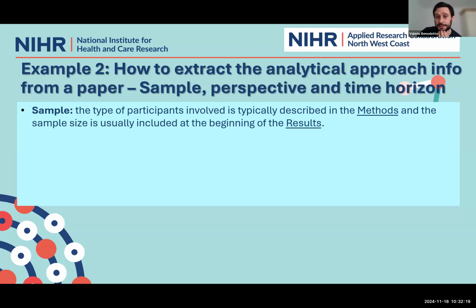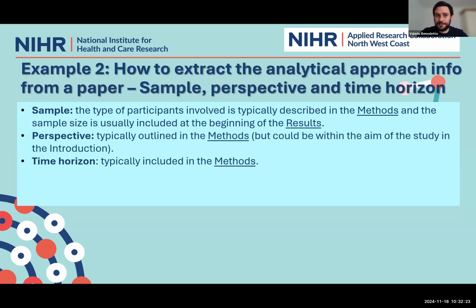Here is some indication of where you can find information about the sample, the perspective, and the time horizon in the papers. Usually, these things tend to be in the method or in the results. So for the sample, you will find some indication of the sample size in the results, possibly just right at the beginning. For the perspective, you will find information about that in the method, and the same for the time horizon.